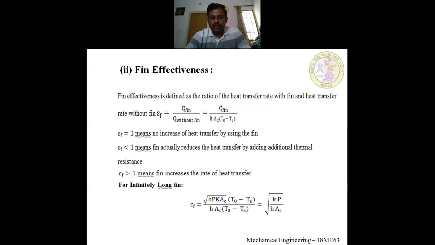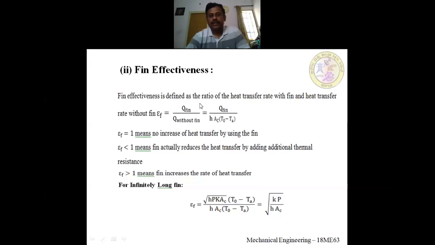So you should know that just by putting the fin, it may or may not increase the heat transfer. That depends on the convection resistance and conduction resistance, which you have already come across.